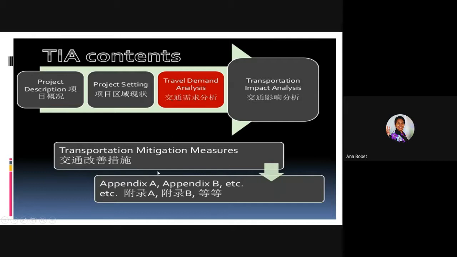Then you create the mitigation measure. Will we add parking area? Will we add public transport to deliver service to those going to a condominium? Or we allow them all to park their cars, and we will provide the parking space. But the problem is the road will become more congested because there are many more people. So that's part of traffic impact assessment.